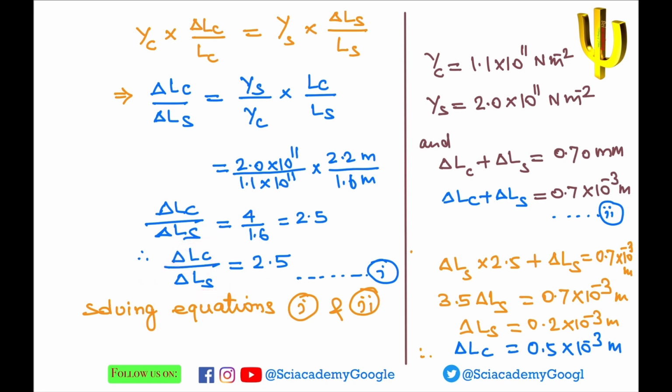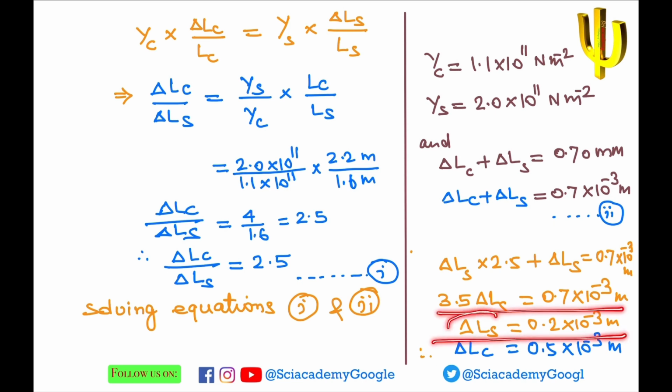So delta LC is equal to 2.5 into delta LS, plus delta LS, that is equal to 0.7 into 10 to the minus 3 meter, right? After solving this, we get delta LS equals 0.2 into 10 to the minus 3 meter.